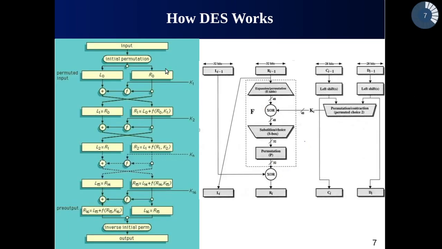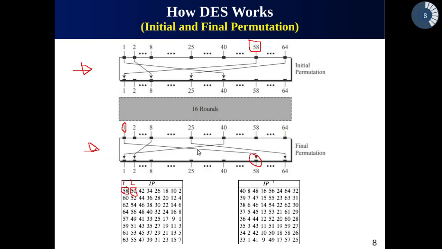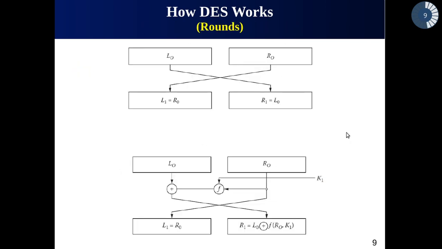Next component to explore is the number of rounds. As I just mentioned, we have a total of 16 rounds. What is a round? The basic unit is known as a block. The block on which the algorithm works is 64 bits, or you can say 8 characters long.